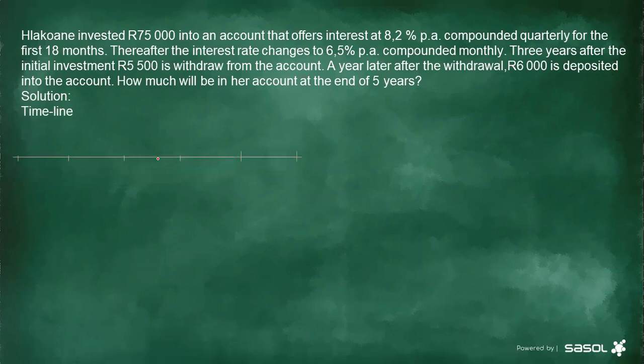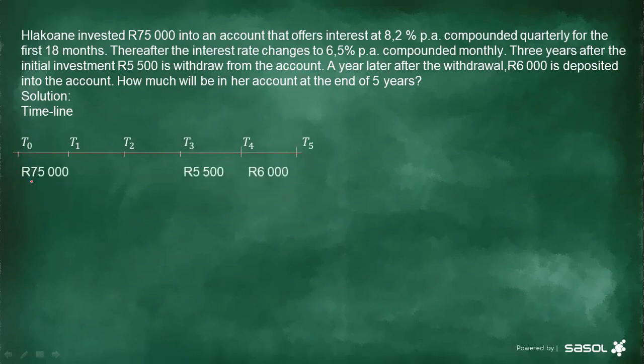And how many years is it? This one is 5 years. You just write from T0 to T5 because it's 5 years. And then remember, 75,000 was the initial amount invested into the account. And this 5,500, what happened? 3 years after the initial investment, the money was taken out from the account.